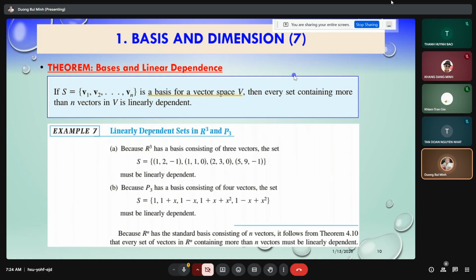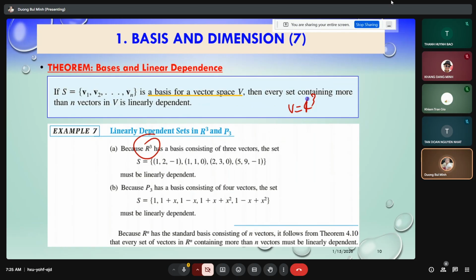So if we already know the basis, and we have another subset, and if that subset contains more than n vectors, we say it's linearly dependent. Or we can say the other subset is not a basis. Now look, V is R3, right?